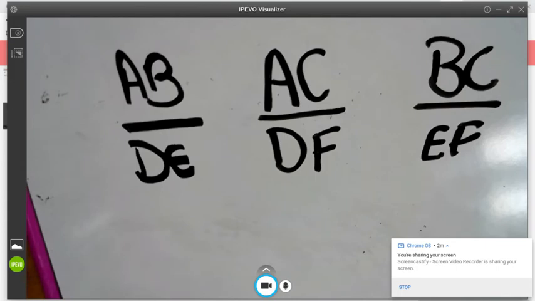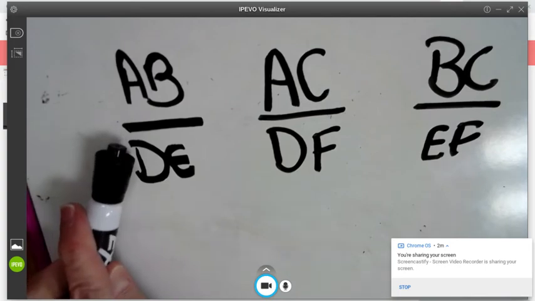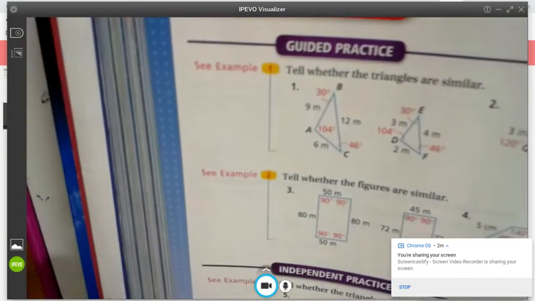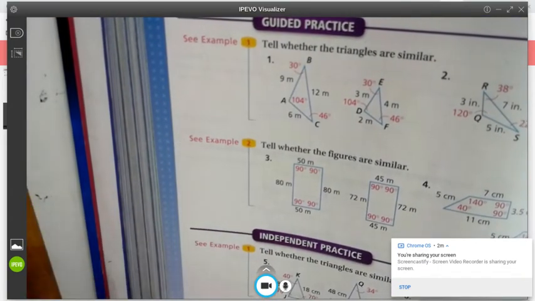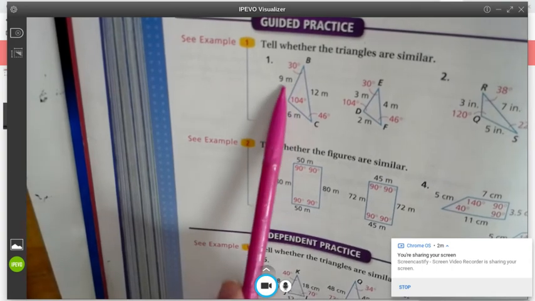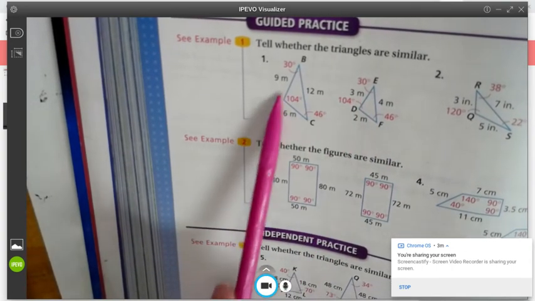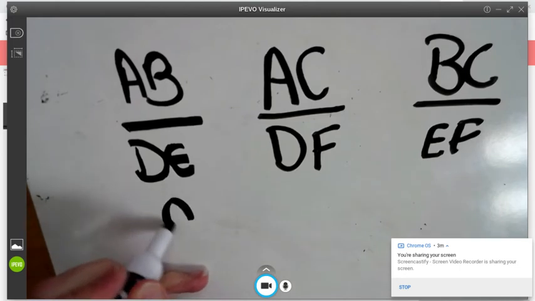Now what I'm going to do is I'm going to take these sides, and instead of using their letters, I'm going to put in their measurement. For example, side AB is 9 m, it stands for meters, and DE is 3. So where AB is on my paper, I'm going to write a 9.